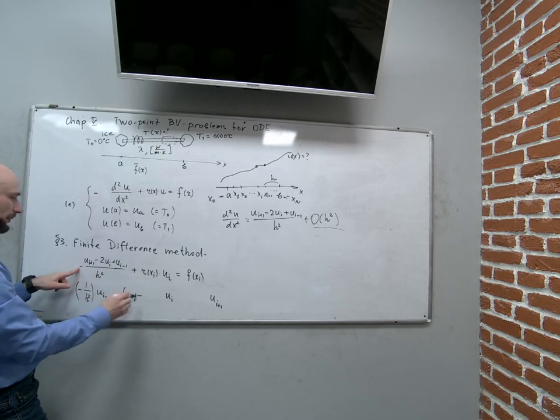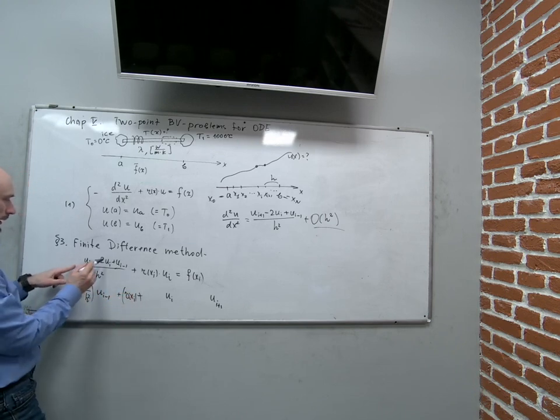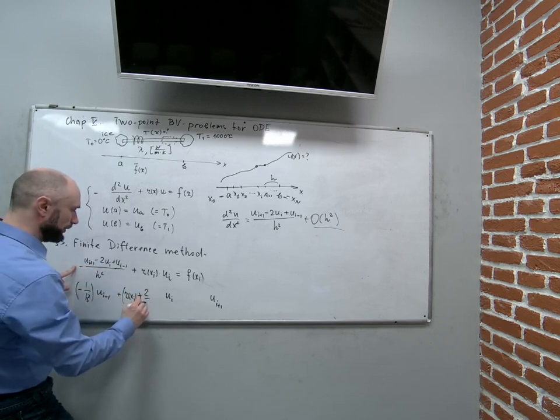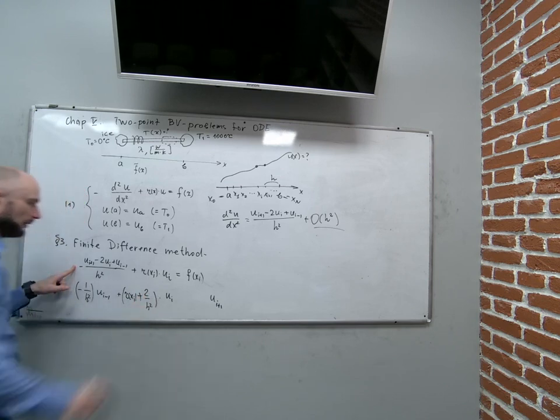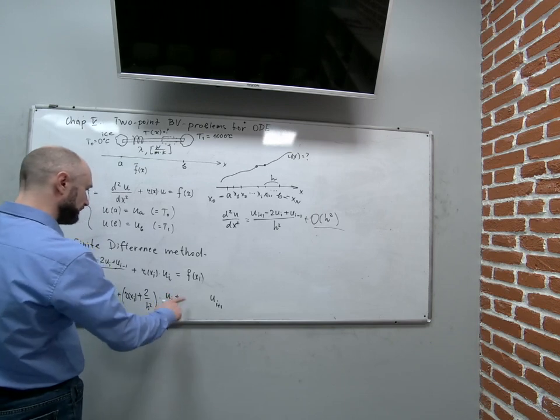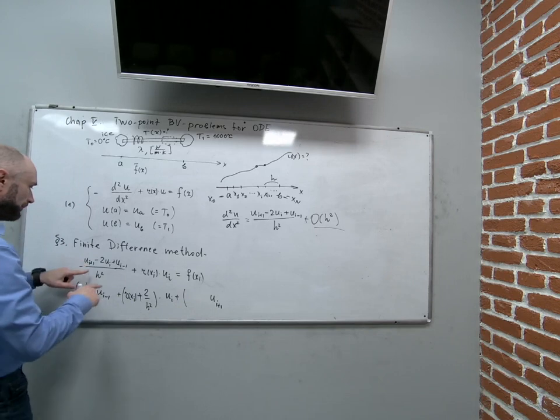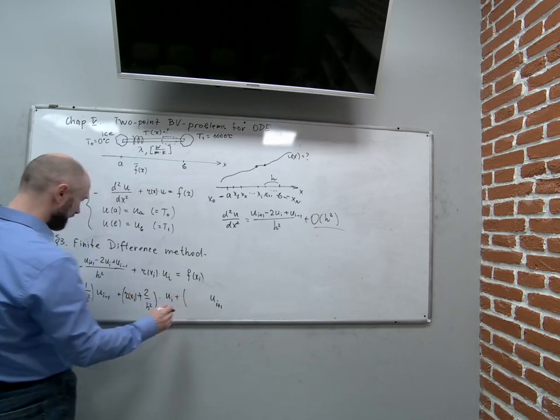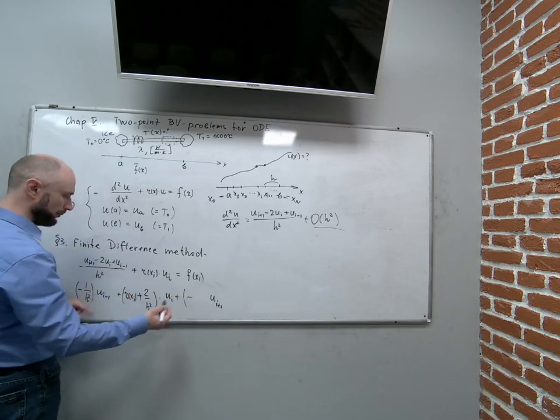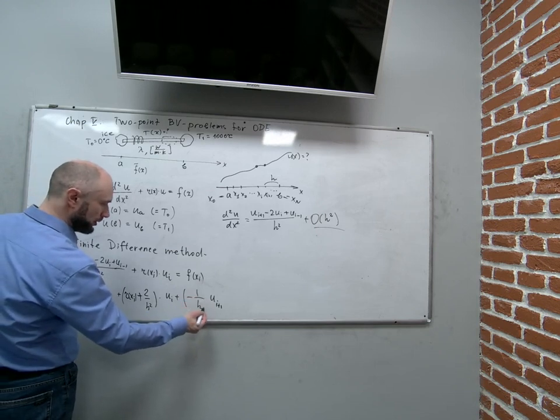Not minus, but plus 2 divided by h squared. And the last thing here is the coefficient before ui plus 1, so it is the same as the coefficient before ui minus 1, 1 divided by h squared.